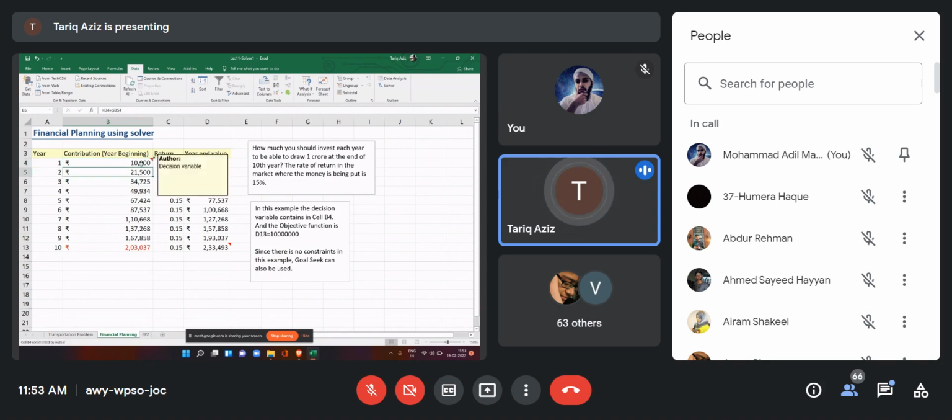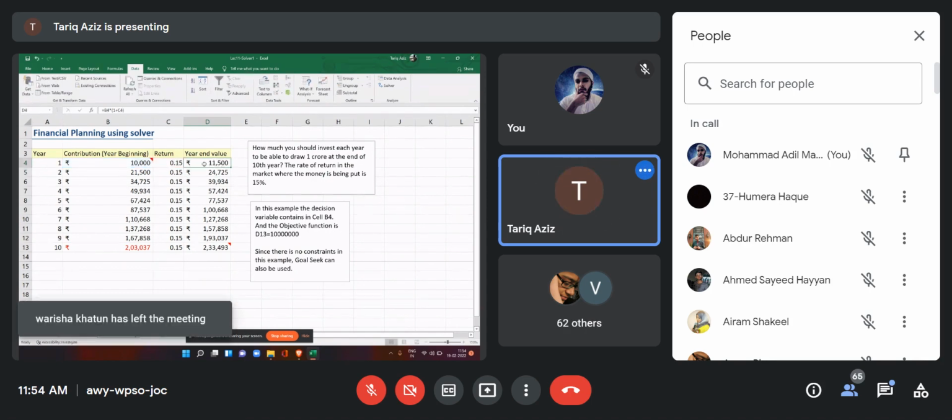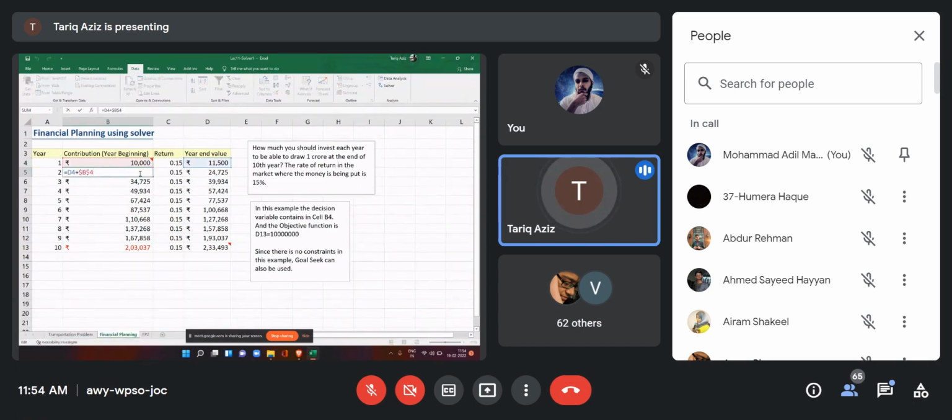So if he has invested 10,000 and the return on his investment is 15%, the year-end value will be 10,000 multiplied by 1 plus 15%. So at the end of 1 year, the value of 10,000 will become 11,500, and in the next year he will again invest 10,000.